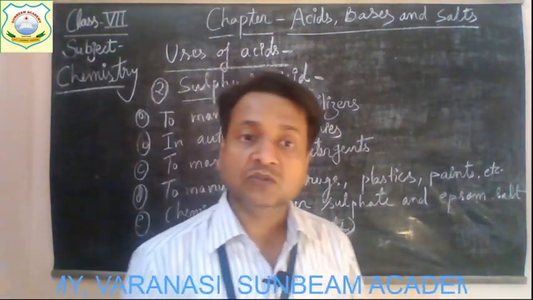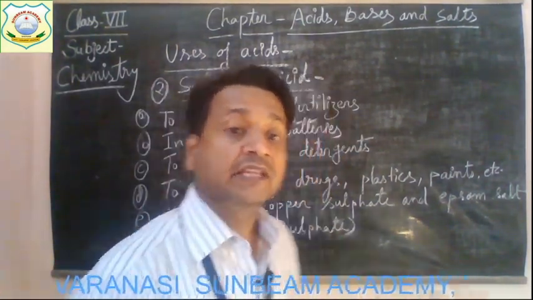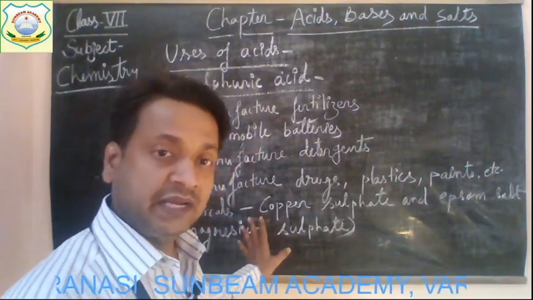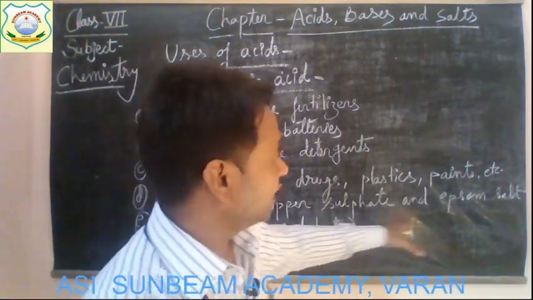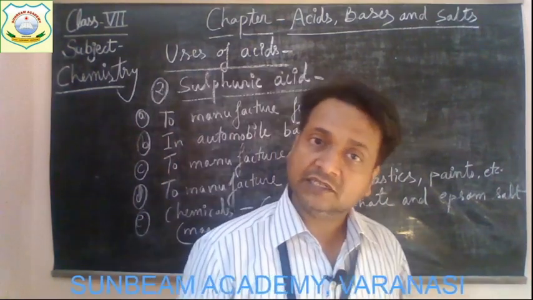Epsom salt is the common name, whereas magnesium sulfate is the chemical name. So to manufacture these chemicals, also sulfuric acid is used.